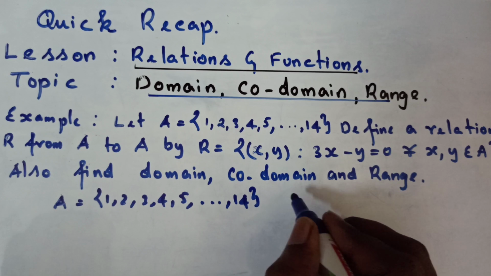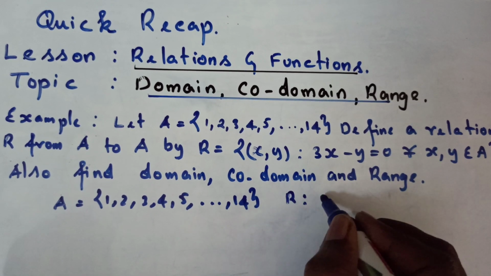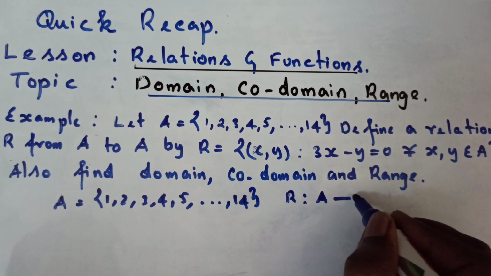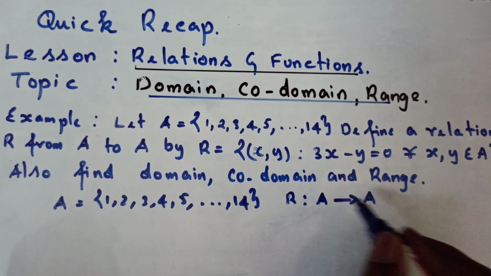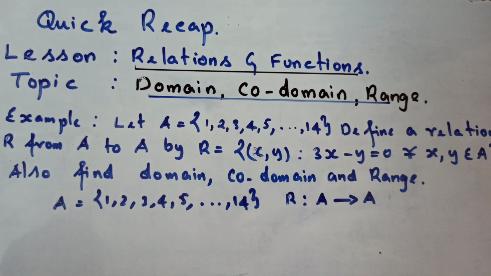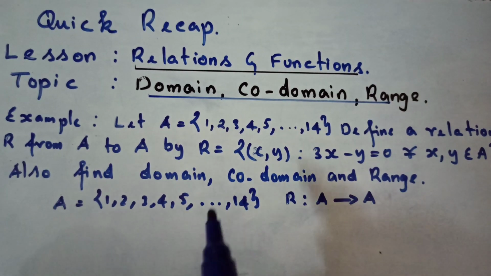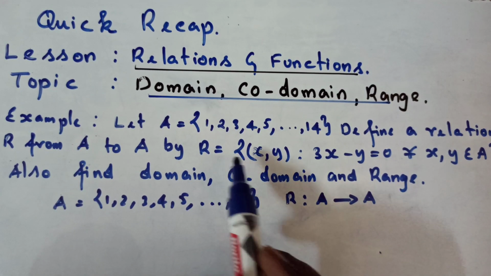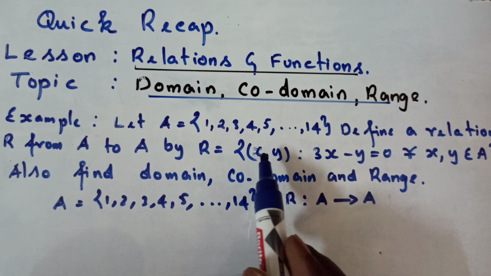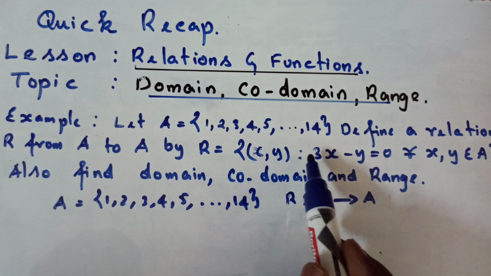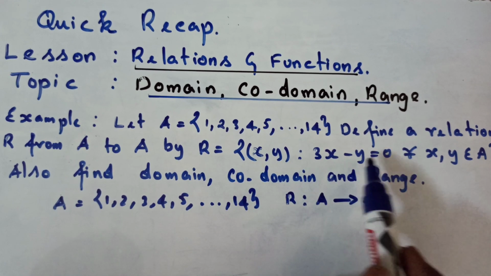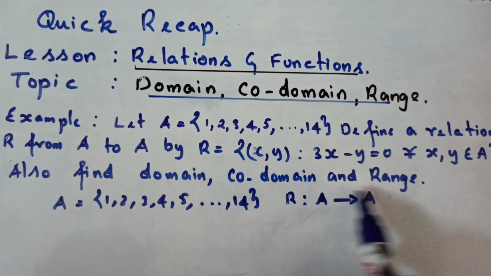It means a relation is from A to A. This is the first set and this is the second set, and the relation is defined as R equals x comma y. It's an ordered pair where x is the first element and y is the second element, such that 3x minus y is equal to 0, and this is the specified condition.